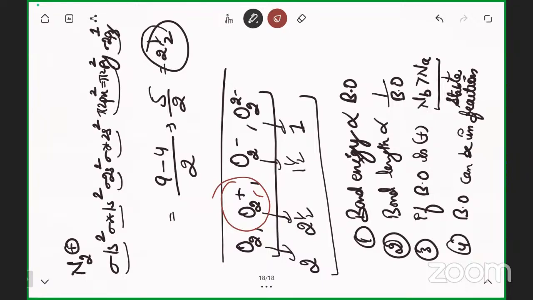Now I'm giving you a question and you have to answer as fast as you can. H2, H2 positive, H2 negative. Just tell me which one will have the highest bond length, highest bond order.